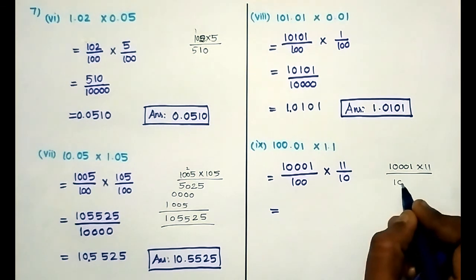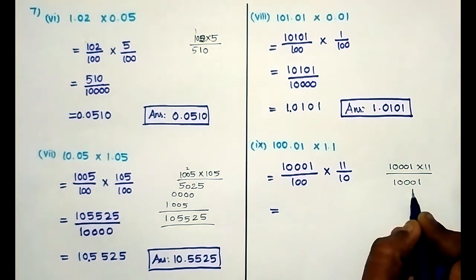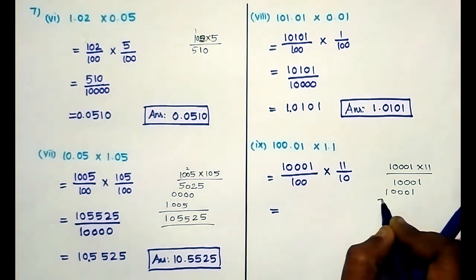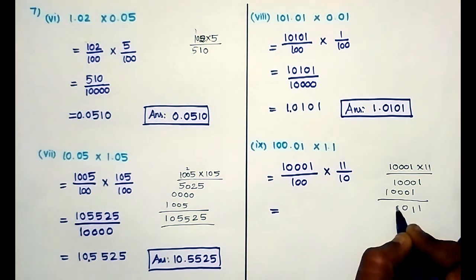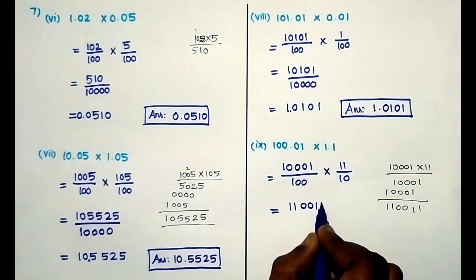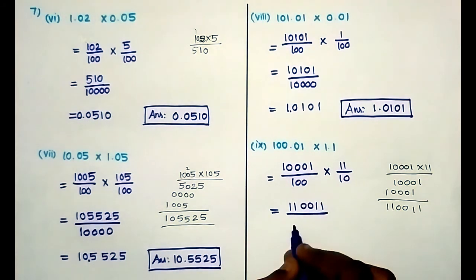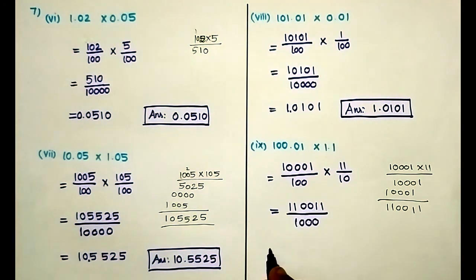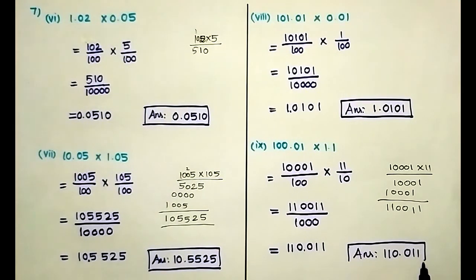First table, again 1 1 0 0 1 1 divided by 1000. How many digits before we have to keep the point, means 1 2 3. 3 digits before we have to keep the point. So answer 10.011. That is the answer.